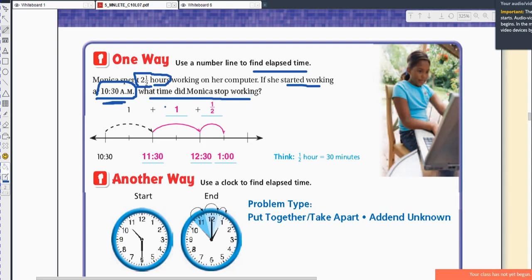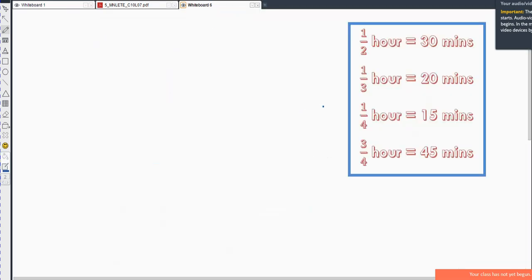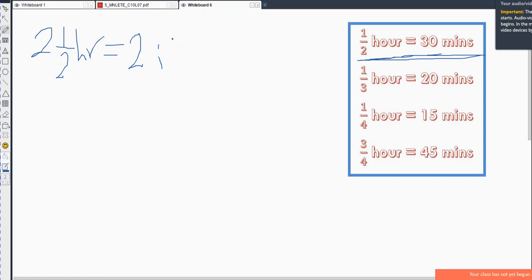Firstly, we have 10:30 plus 2.5 hours, and we studied before that half an hour equals 30 minutes. So 2.5 hours equals 2 hours and 30 minutes.